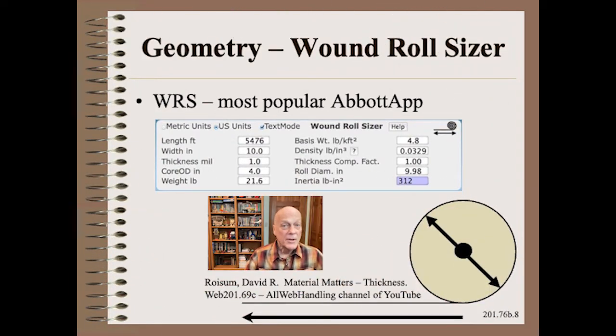The most popular of the 24 Abbott apps is the Wound Roll Sizer that can calculate one value if two of the others are known. These values are thickness, length, and diameter. This is a most unusual app because inputs can become outputs and vice versa.